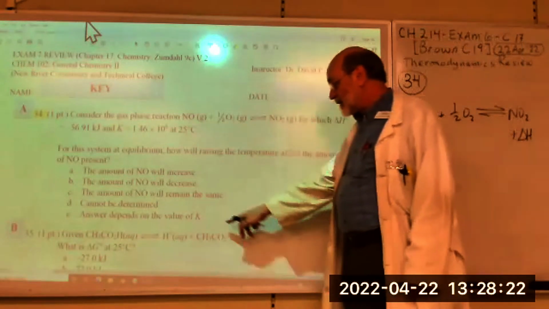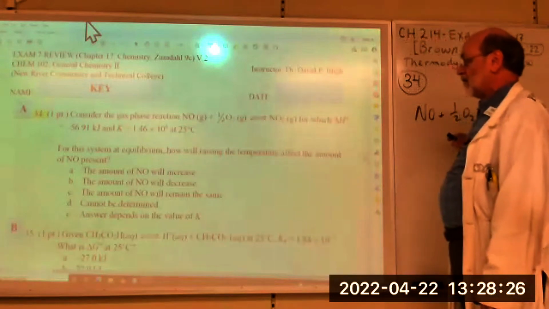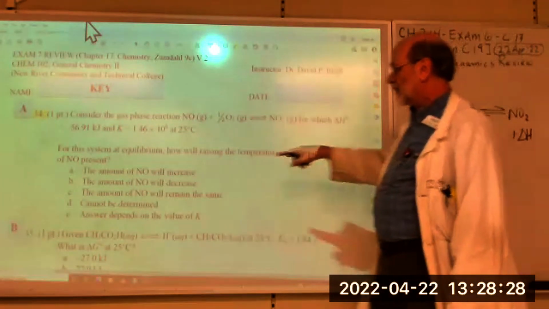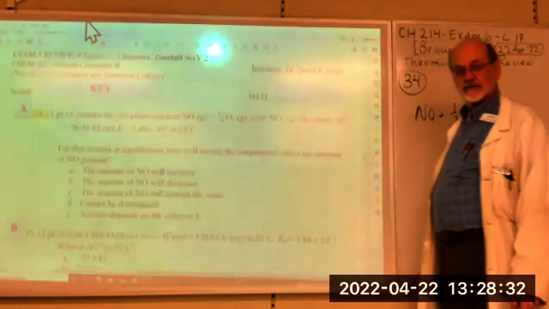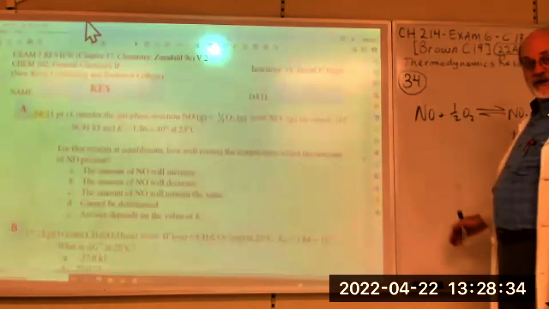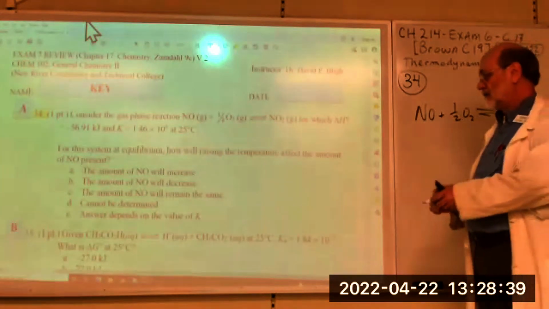Right? And it doesn't depend on K because it's already at equilibrium. For this system at equilibrium, who cares what K is? It's already at equilibrium. What's it going to do when we kick it? It's going to move back to the left.